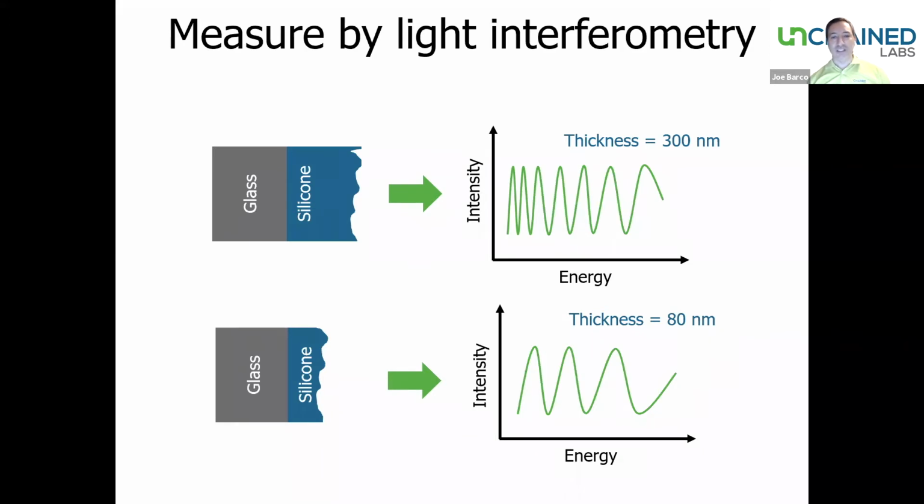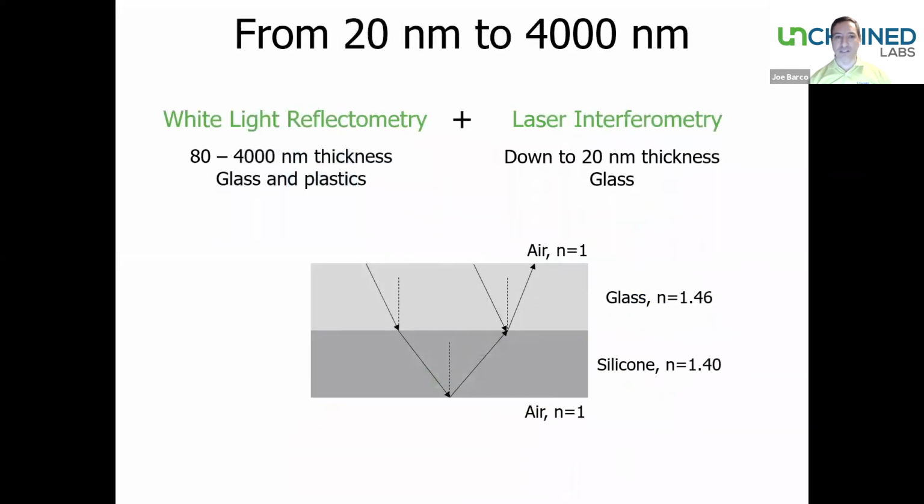The transitions between air to glass, glass to silicone, and then silicone to air can all be measured and detected by Bouncer. And the differences in how that intensity comes back is what allows us to extrapolate the thickness of silicone within the syringe.